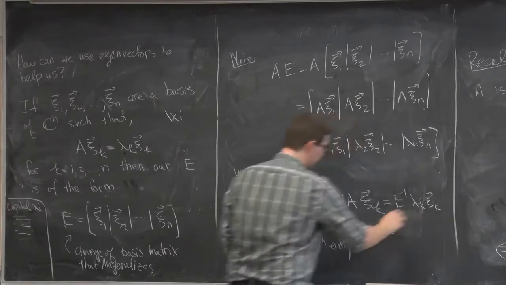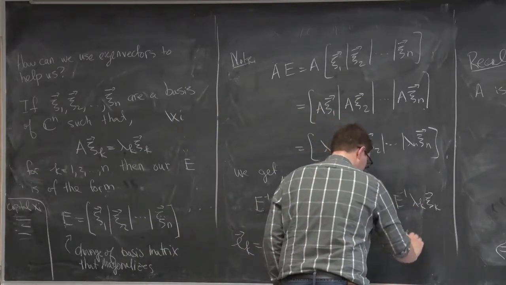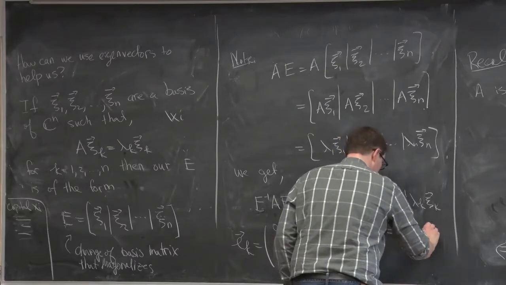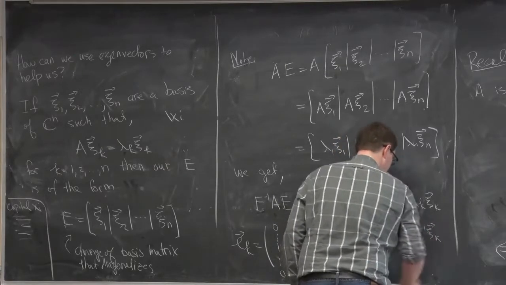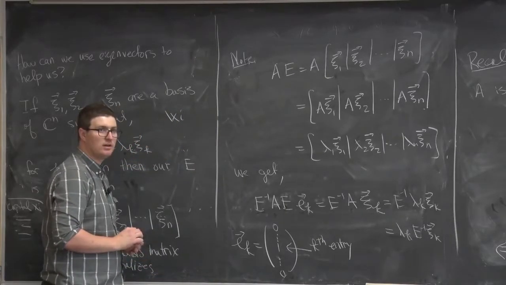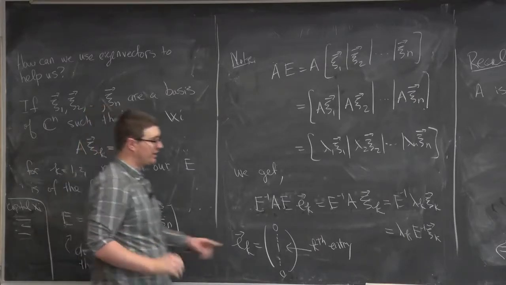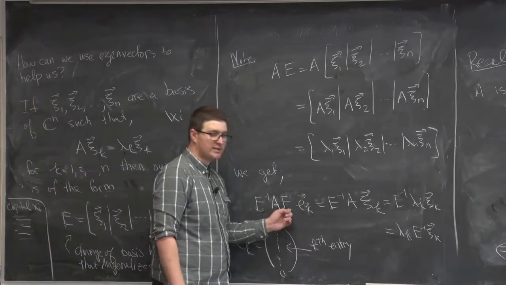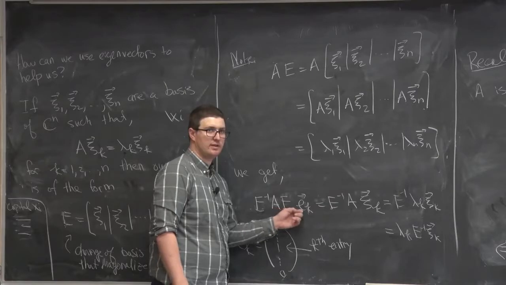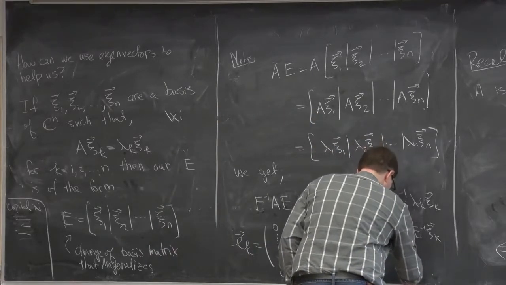What does E inverse do? This thing is linear, so we can bring out lambda_k, giving lambda_k E inverse c_k. This thing undoes exactly what E did, so this will be e_k.